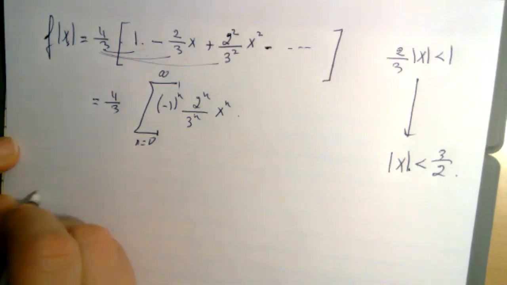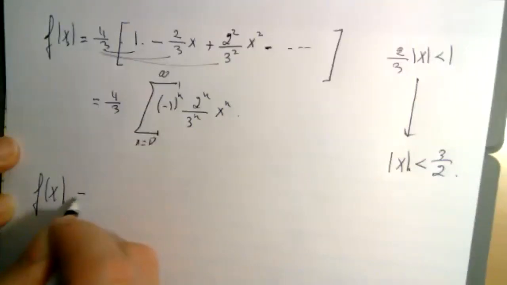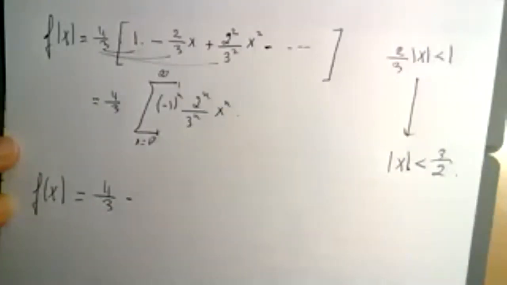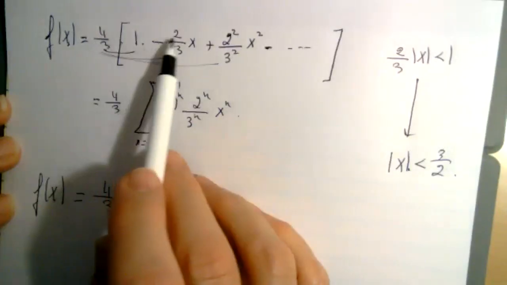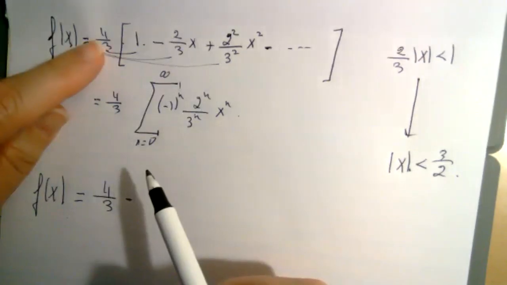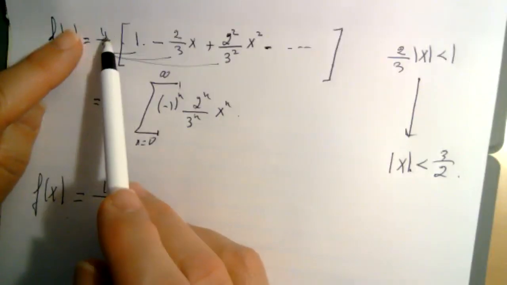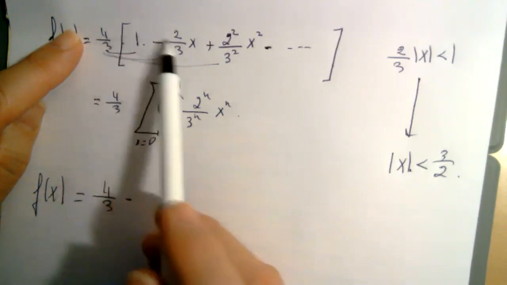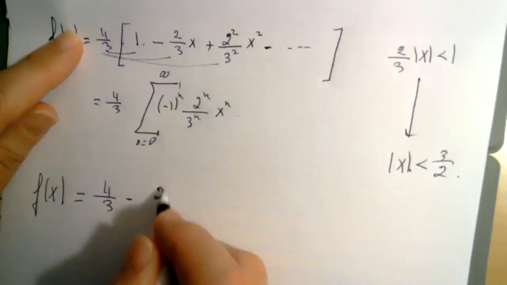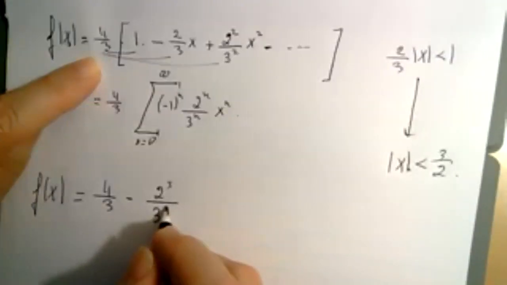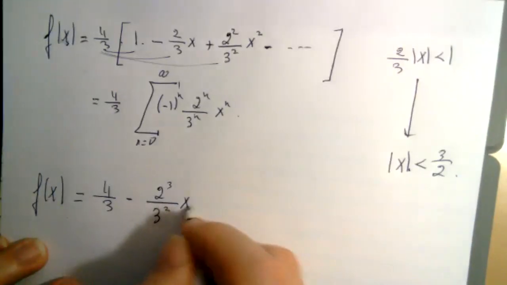Okay, so now finally, what my f of x is going to be equal to is 4/3 minus 4/3 times this. Now, if I do the math, 4 is 2 squared, times 2, so it's going to give me 2 to the power 3 over 3 times 3, 3 squared, x.